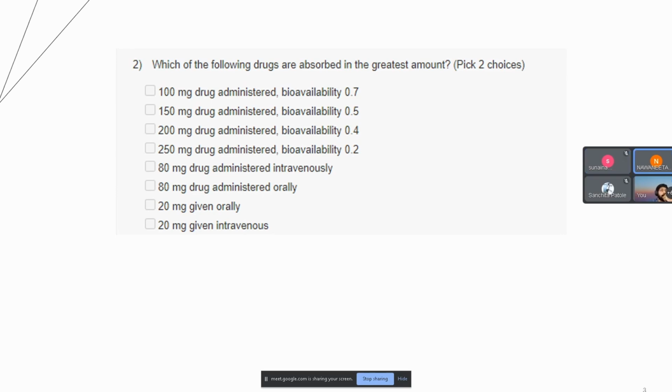I would say the fifth option, 20 mg given intravenous is correct, I think. Anyone else want to guess? 80 mg drug administered IV, and second would be 100 mg drug administered with bioavailability 0.7.